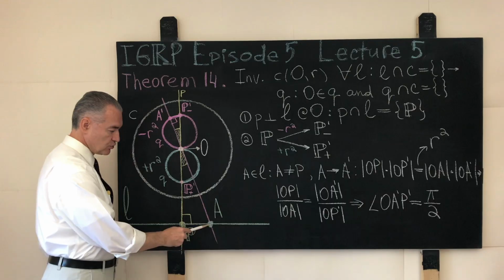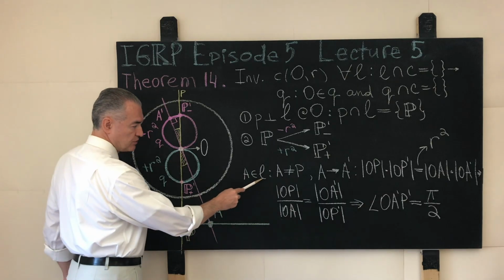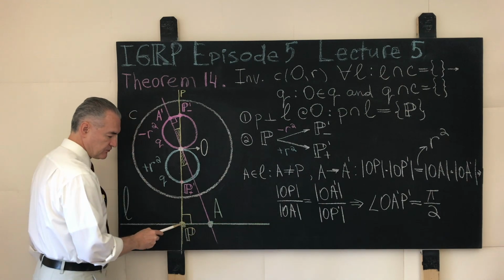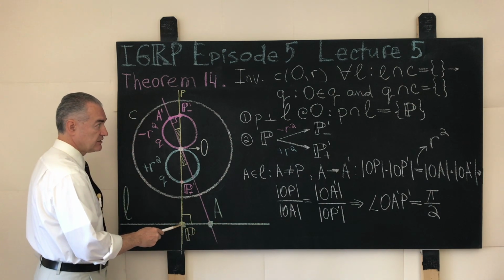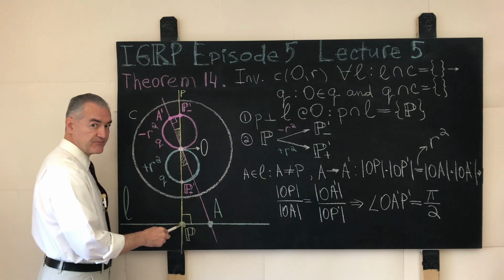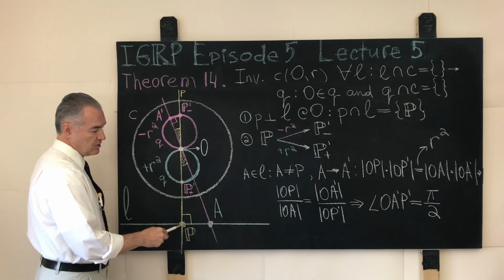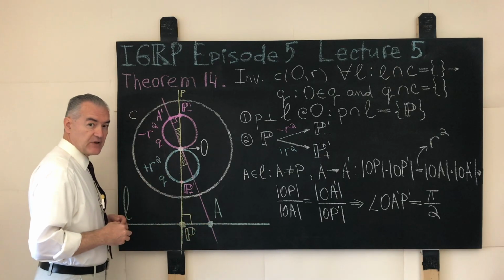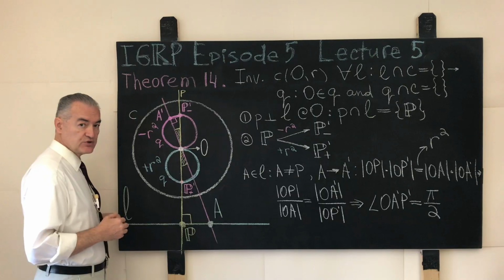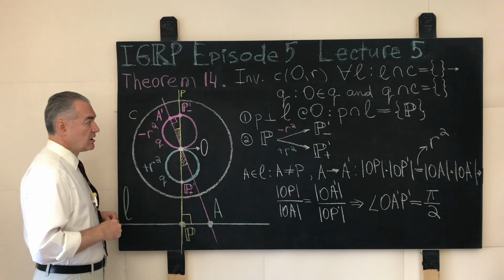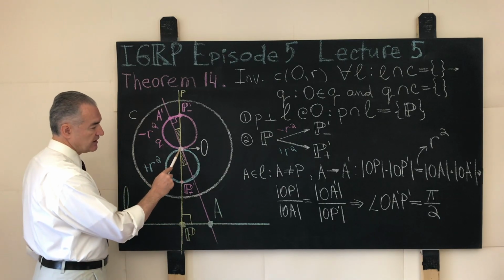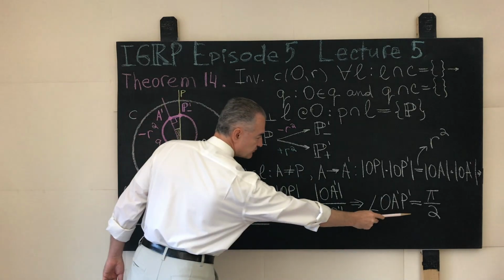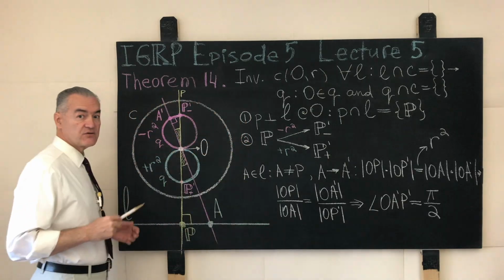And because the point A was chosen on a given straight line at will, at random, to be distinct from the point P, of course, that means that the only orbit that the images of the point A can traverse in the parent plane must be comprised of a set of points from each of which the given line segment OP prime, as we proved, must be seen under the right angle.